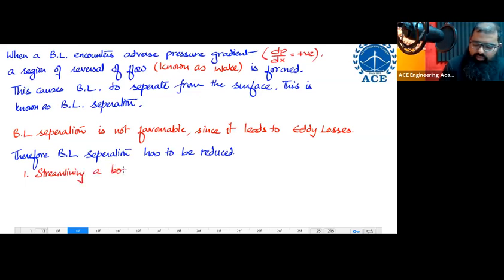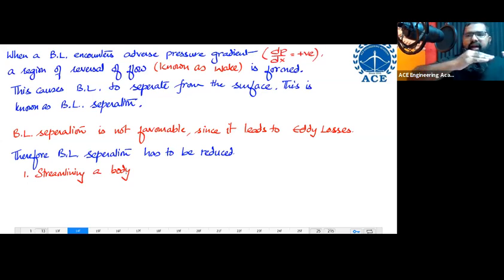A streamlined body basically means a body in which the streamlines can flow very smoothly over its surface. That is called a streamlined body. The opposite of a streamlined body is called a bluff body. We will see in the next chapter.